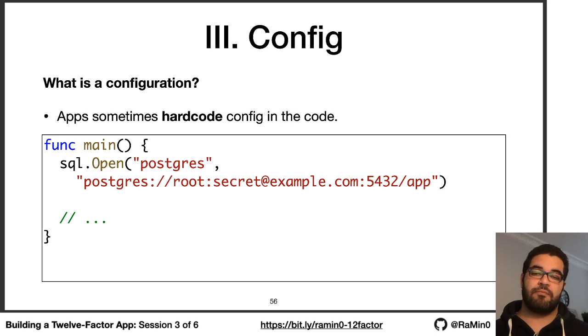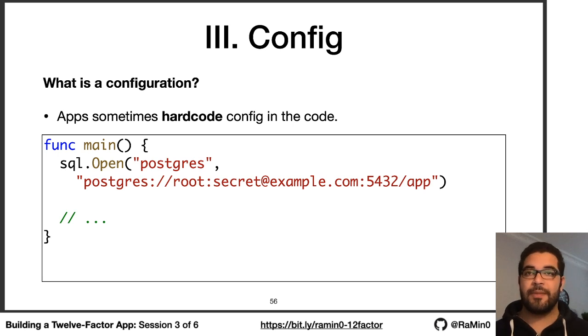As most of you might know, in order to be able to connect to a server, there are a couple of parameters that we need to have, one of which is the host, where this service lives, the port on which it's listening, and maybe some other parameters, like in this example here, a username, a password, and database name. So usually what might be seen in the apps is these kinds of configuration values being hard-coded in the code.